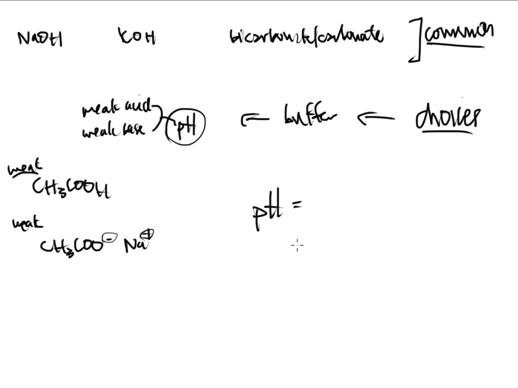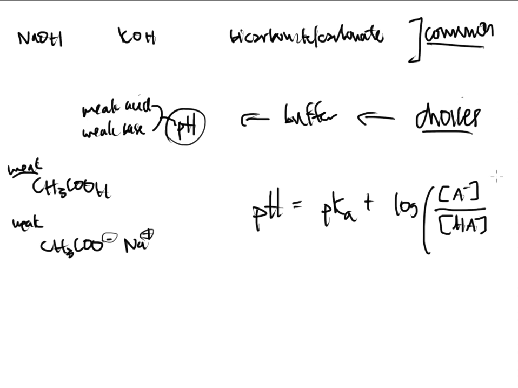So let's say I want to make a buffer that has a certain pH. So pH is equal to, and what we need is the pKa of the acid plus log of the concentration of the base divided by the concentration of the acid. We saw this in the solutions chemistry class.